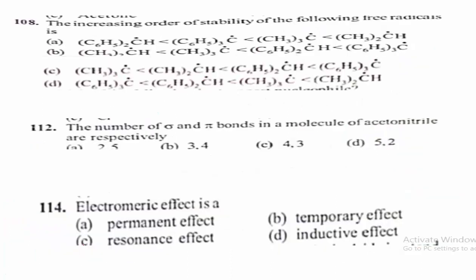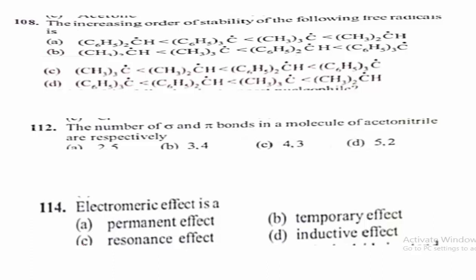Okay, next question number 108, students. The increasing order of stability of the following free radicals is. Students, remember one theoretical concept.